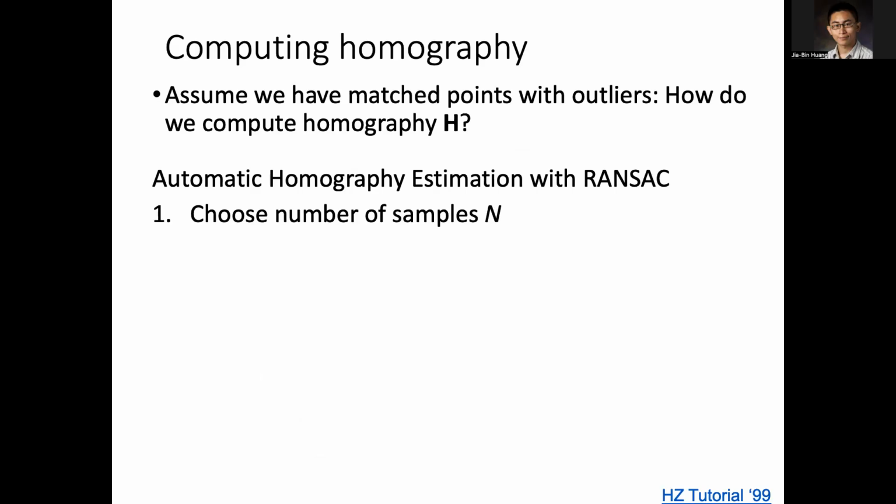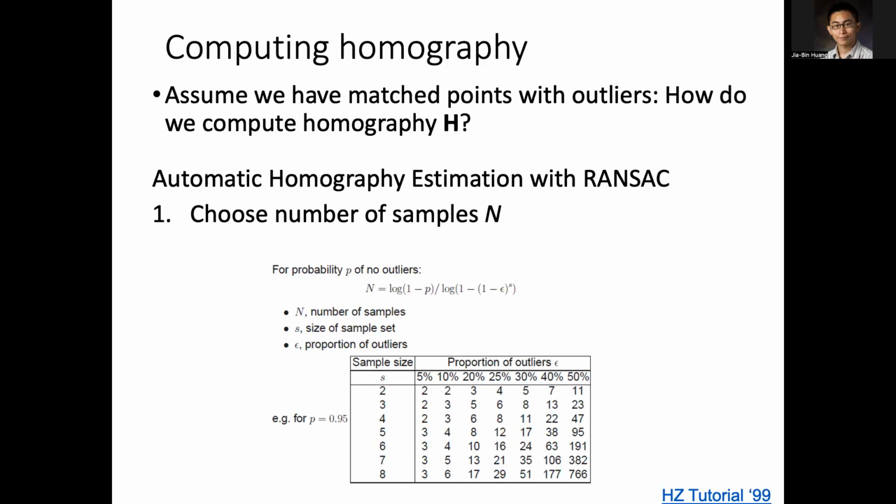As we talked about earlier, we basically first choose a number of samples n according to how many points you need and how confident you are.